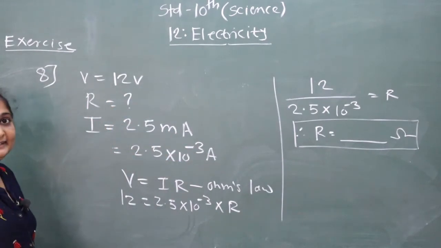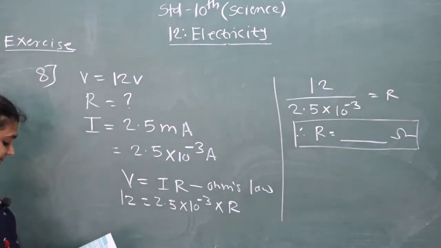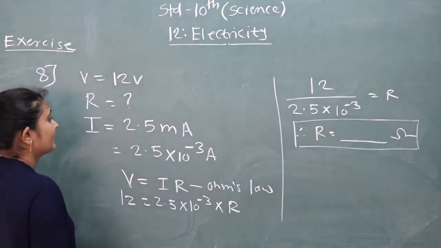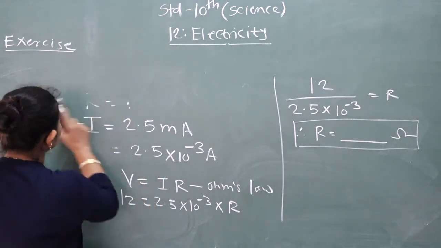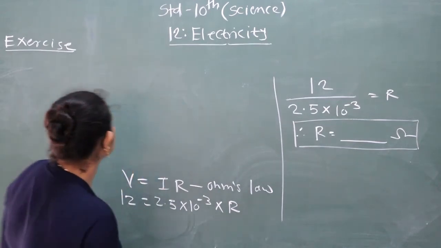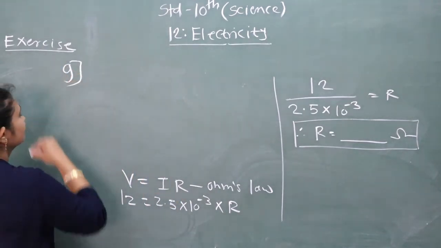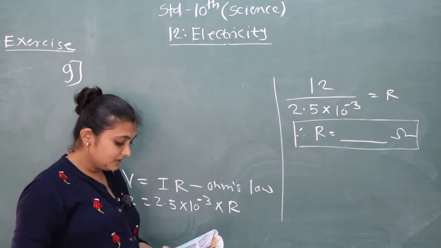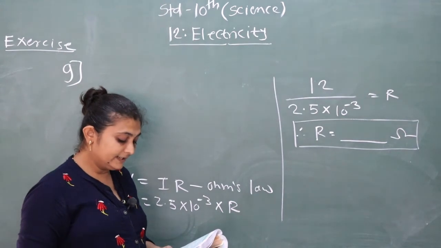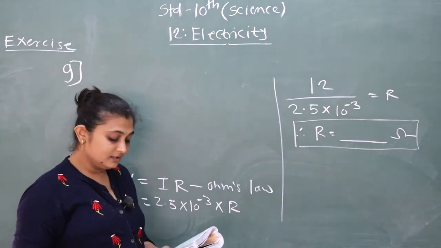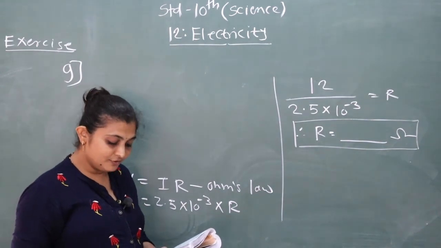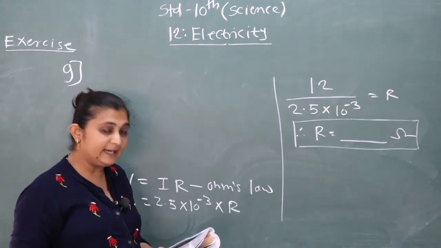Question number 9. A battery of 9 volt is connected in series with resistors 0.2 ohm, 0.3 ohm, 0.4 ohm, 0.5 ohm and 12 ohm.